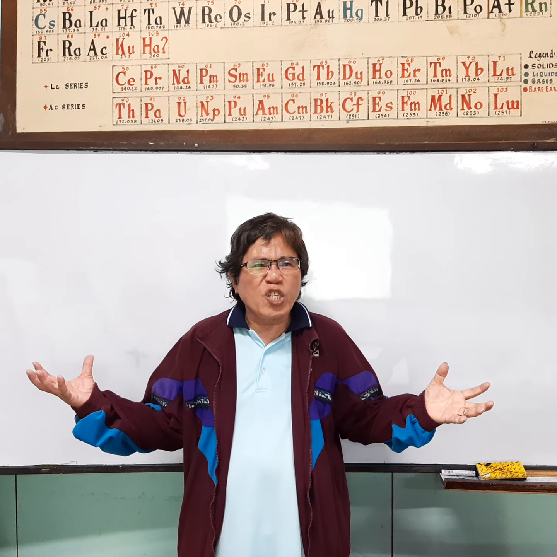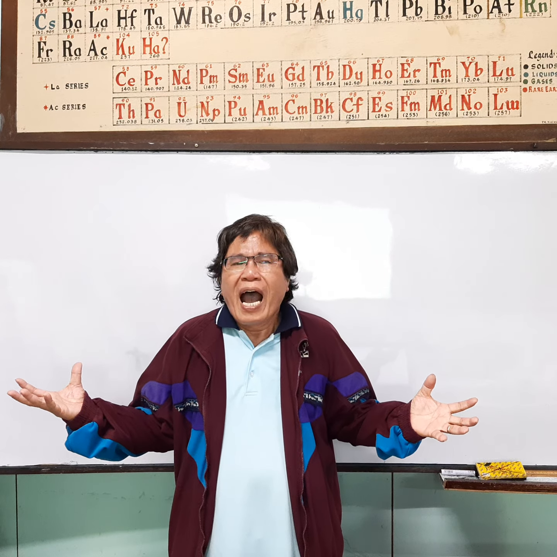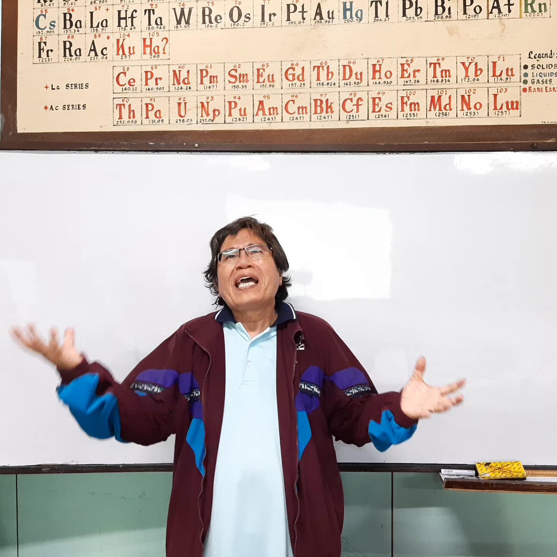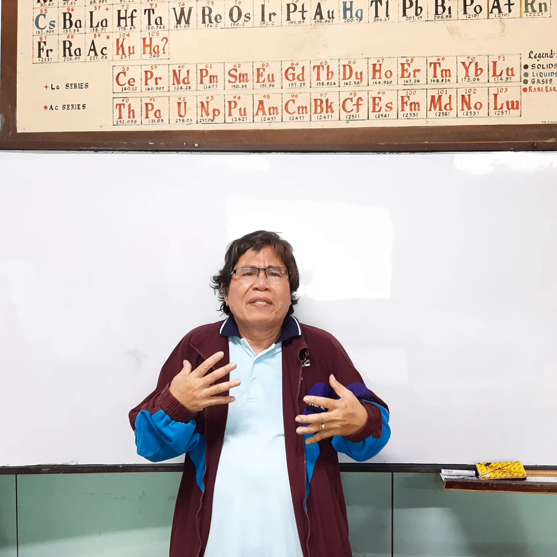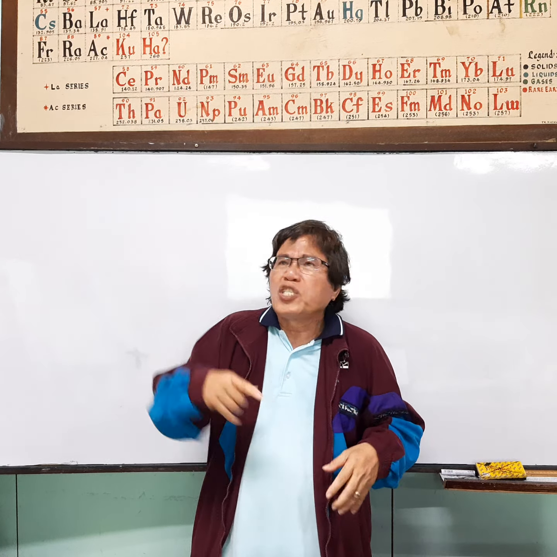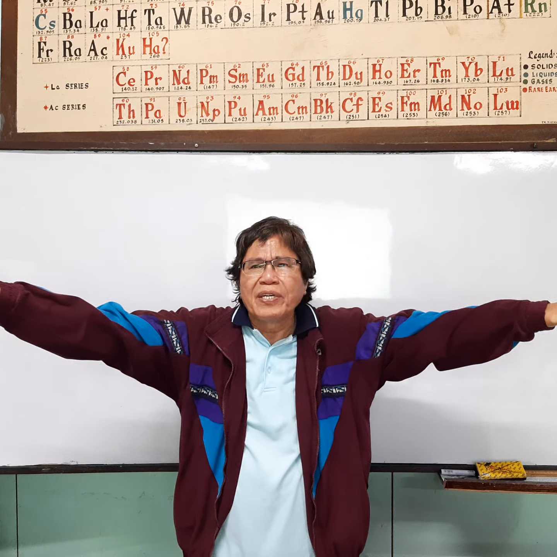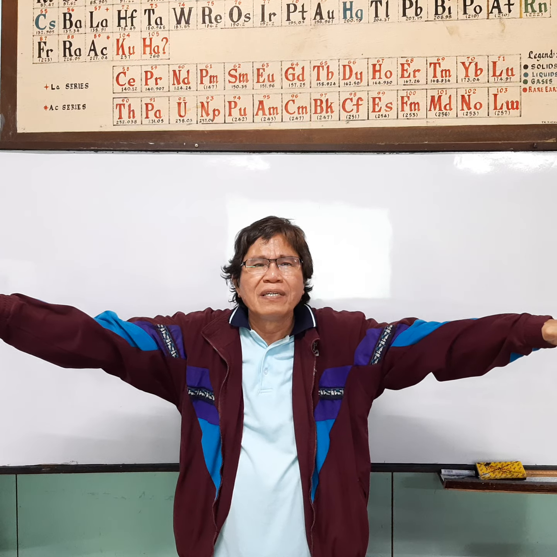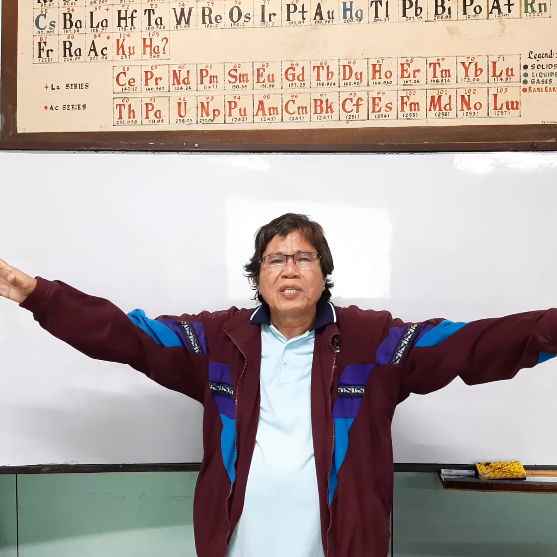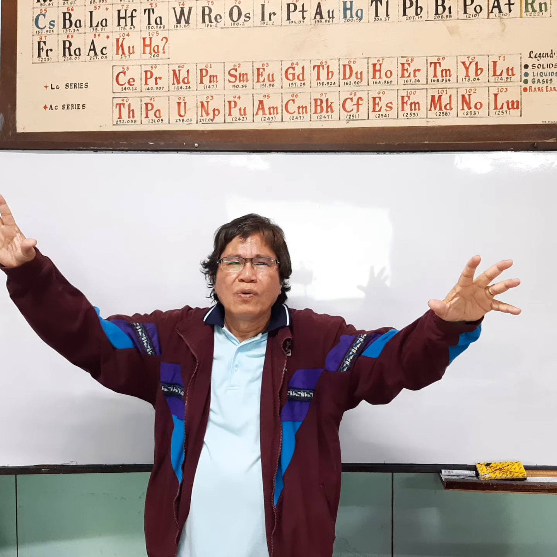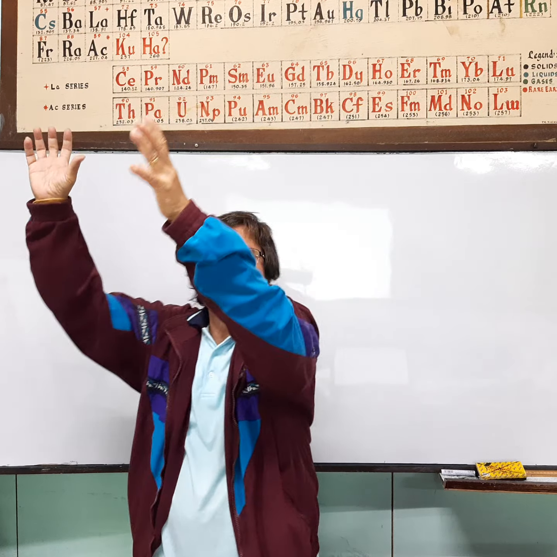But what can astronomers do when, in my case, I am an astronomer? What can I do when my laboratory is the universe, the entire universe? That's my laboratory. What can I do? It is impossible to put a group of stars into a test tube.